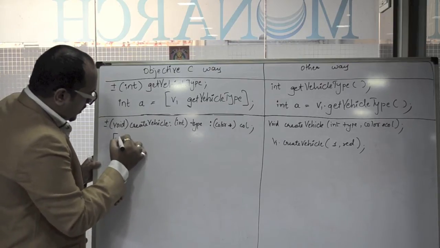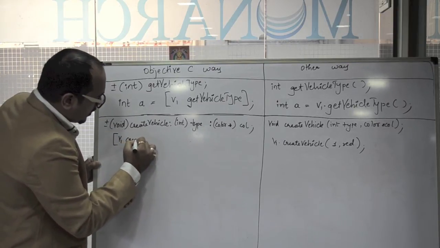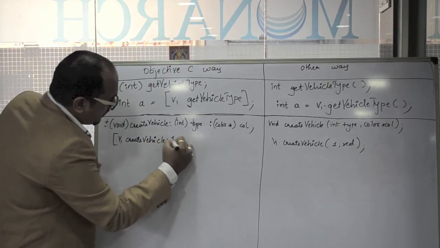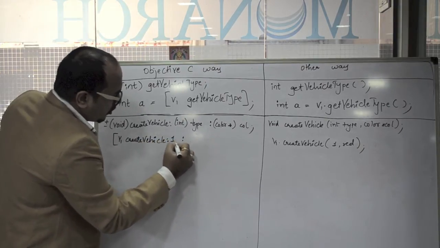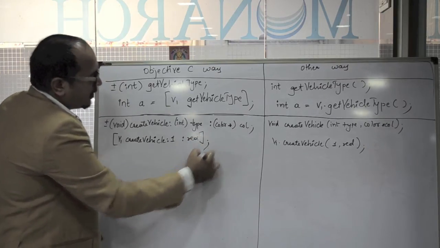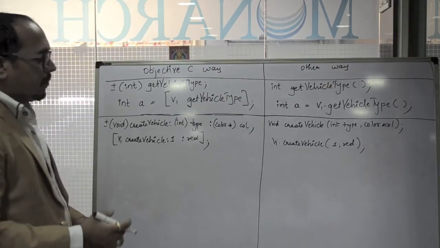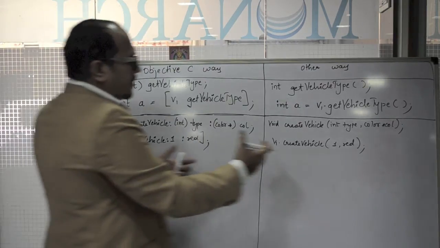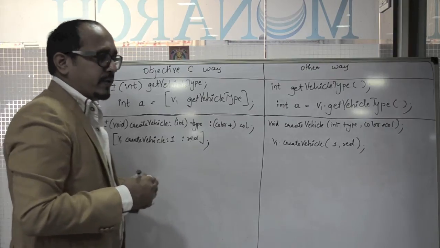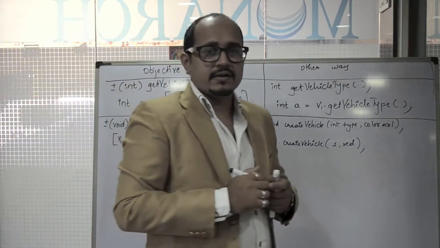Now how will it be called? I say v1 create vehicle type 1, there is no comma, space, colon, red. I didn't see any wow factor till now. It's just adding to my complexity. Now what do you mean by best practice? I say a function should be written in the best practice.